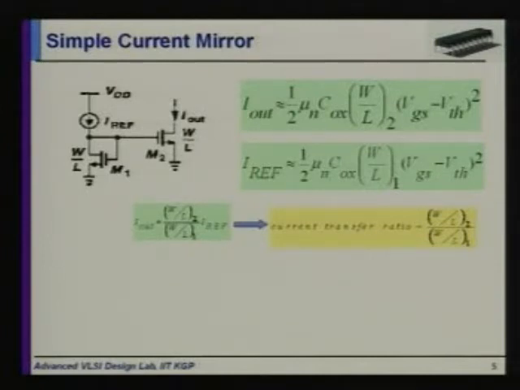Whenever we substitute this NMOS circuit with PMOS, then this reference current source becomes a reference current sink. From this left hand side circuit, we can see that the output current is half mu Cox (W/L)2 into (VGS minus VTH) whole squared. (W/L)2 is the width to length ratio of the M2 transistor, and I reference will be given by the same expression.